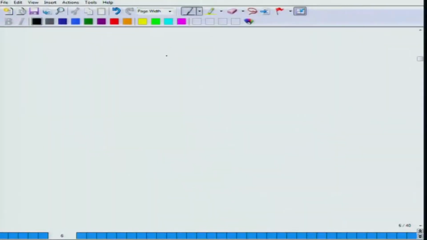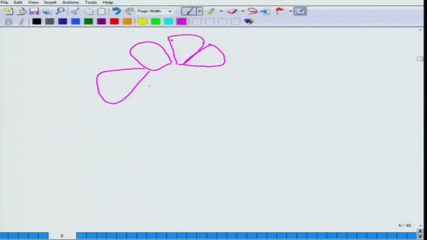So, the duct, as I was trying to show you, looks more like this. This is the structure of the duct. Okay.